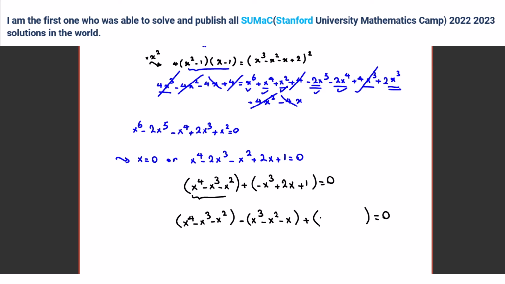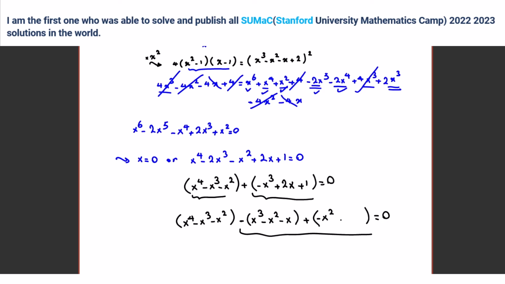x squared plus 3x, no, plus 1. Careless mistake. Try again. x minus x squared plus 1. Look, this part should be negative x squared.